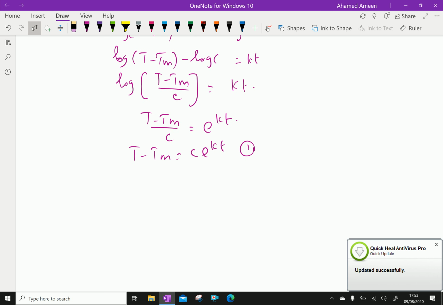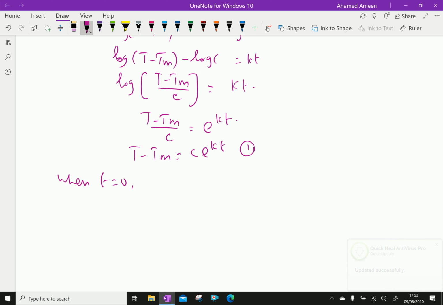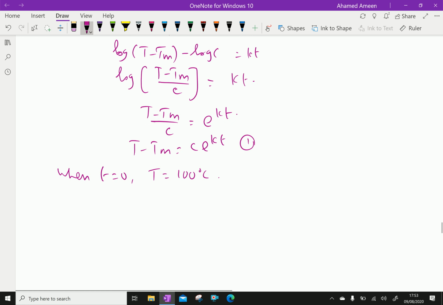Now, when t equals 0, that means the boiling water is taken from the stove, that time starts at t equals 0, then the temperature of the boiling water is 100 degrees Celsius. Now T minus Tm equal c e power 0, because kt is 0 since t is 0. e power 0 is 1.